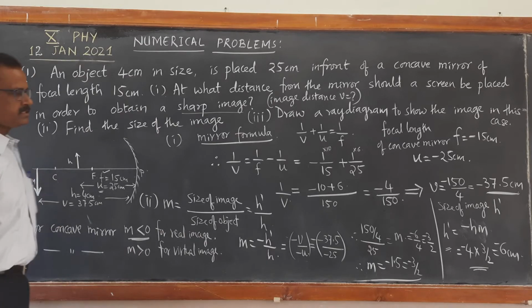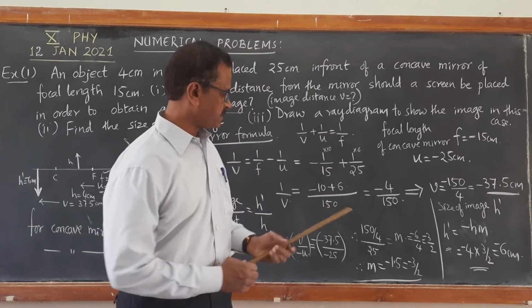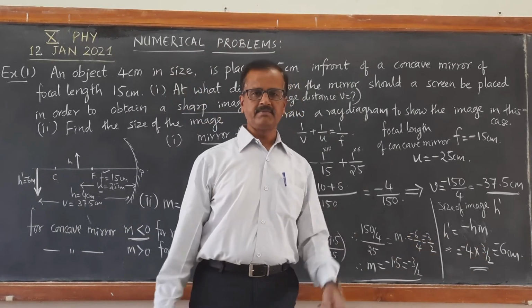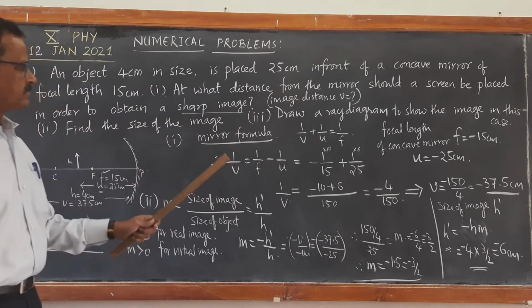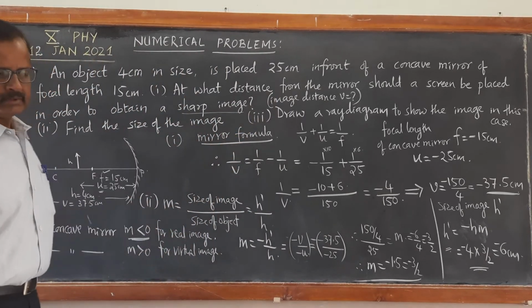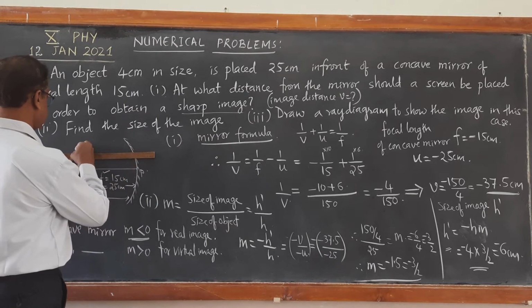So the nature of the image is a real, inverted, magnified image. The size of the image is 6 centimeter, that is vertically downwards. Now the next one is drawing the ray diagram. It's very simple. Draw a ray of light parallel to the principal axis.